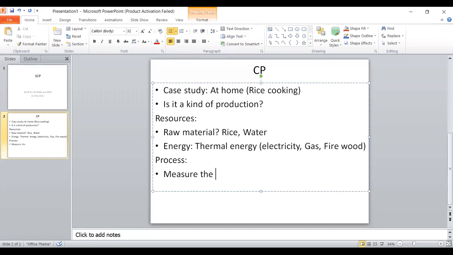Measure the rice. You have to go with the measurements. After that, use water and rinse or clean the rice.